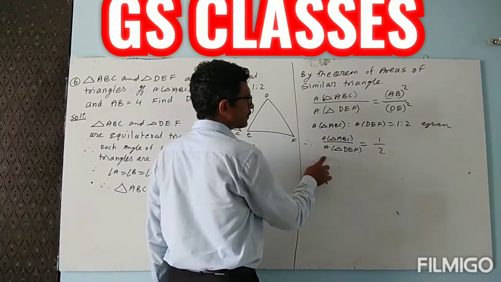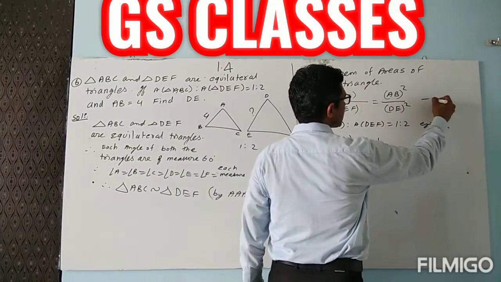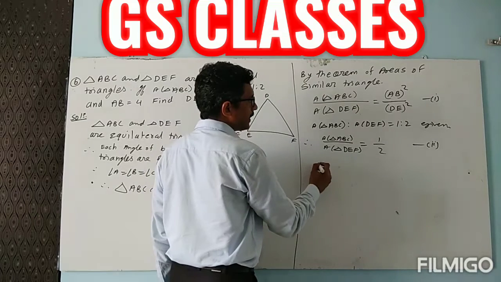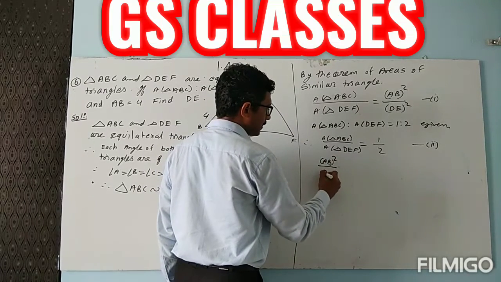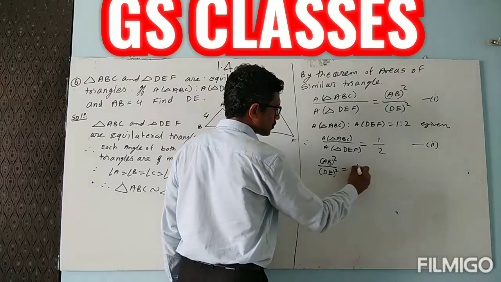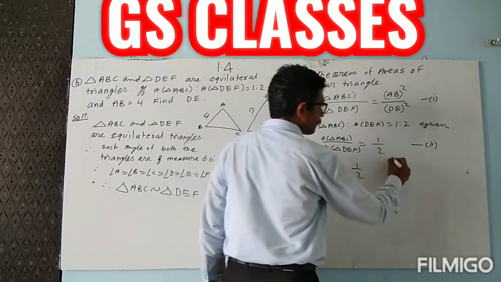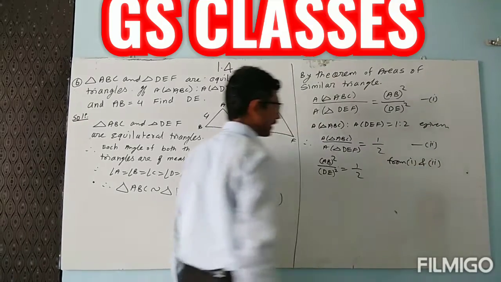Now children, if I consider this as first and this as second, we can now write AB squared upon DE squared equals 1/2.